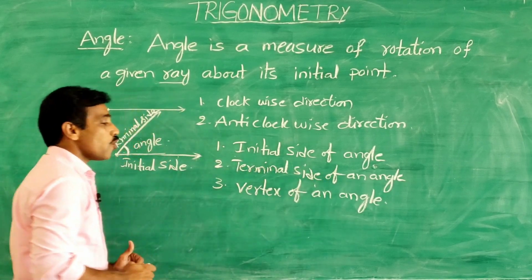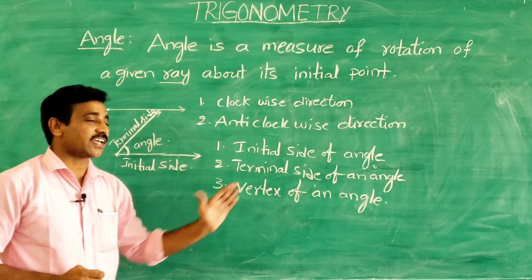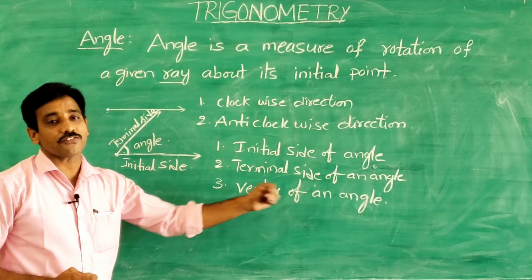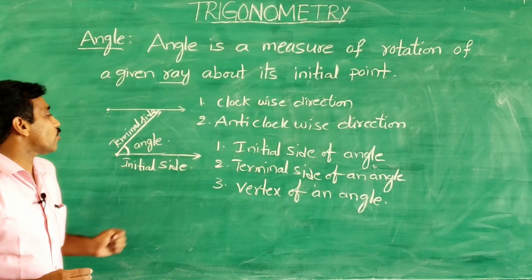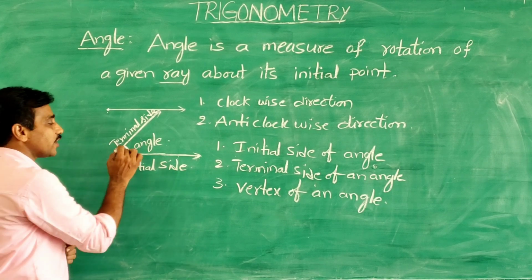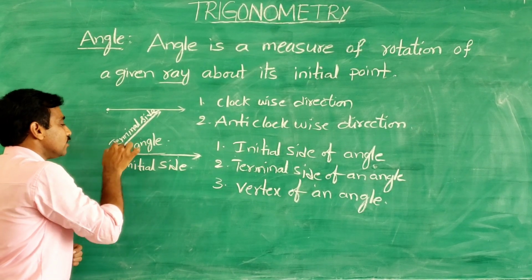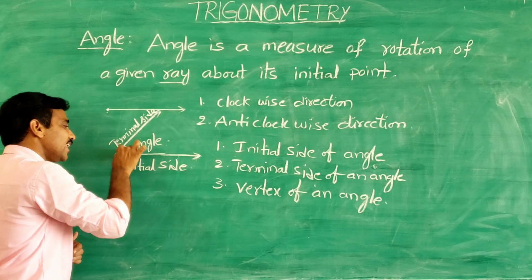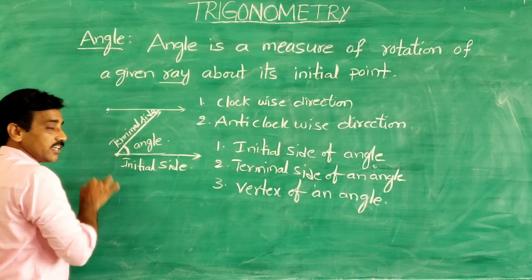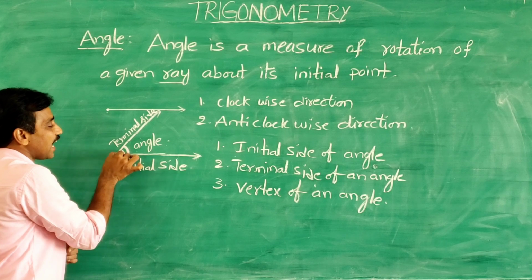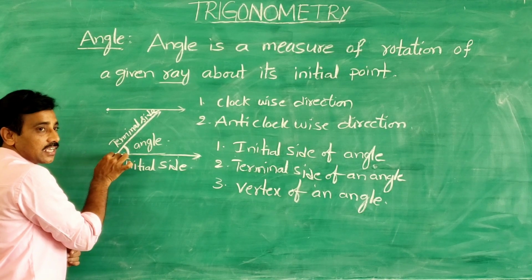Now what is the vertex of an angle? We rotate the ray about this end point.